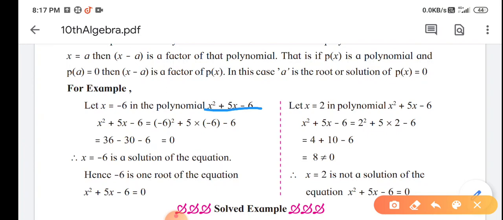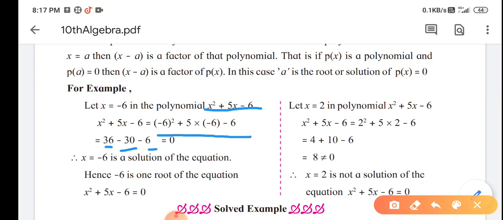Now when we put x is equal to minus 6 in this equation, what will happen? Concentrate here: minus 6 square plus 5 into minus 6. We just have to put minus 6 at the place of x. So what is the square of minus 6? Plus 36. Then 5 into minus 6 is minus 30, and minus 6 as it is.